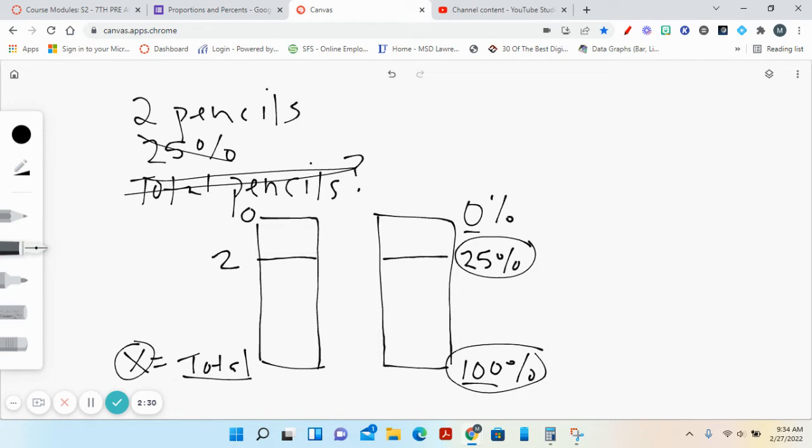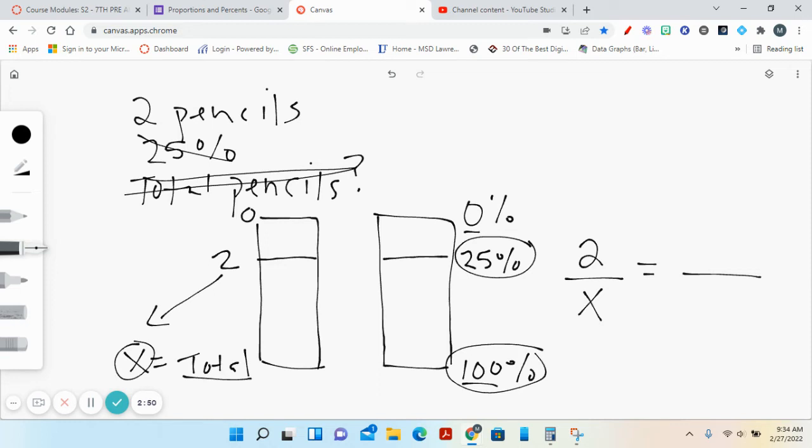Then, using this representation, we can fill in our blank proportion, and we literally just transfer everything the way we have it here. If this is my 2 red pencils, I'm going to put that over my X because the 2 is over the X here.